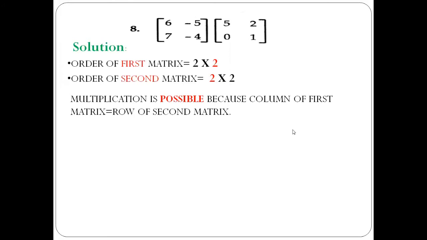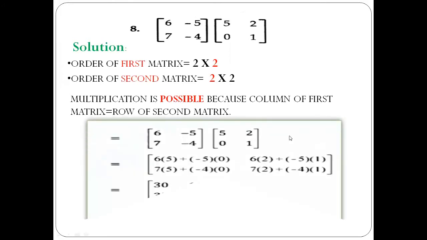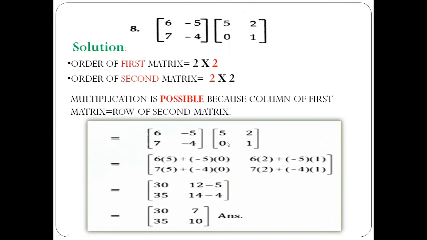Okay students, now we will multiply these two matrices, again by the pattern of question number 7. First row with first column, first element with first and second element with second. 6 multiply by 5, then minus 5 will multiply by 0, and then you will add these two numbers.